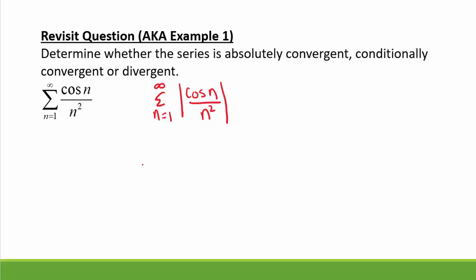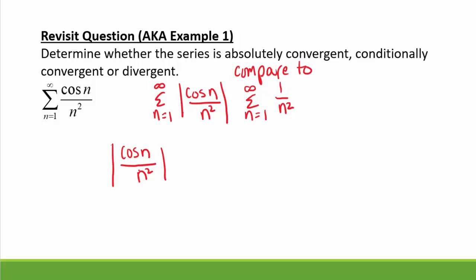Okay, and we're going to compare this to one over n squared. So let's look at this. I know the cosine of n over n squared, the absolute value of that.